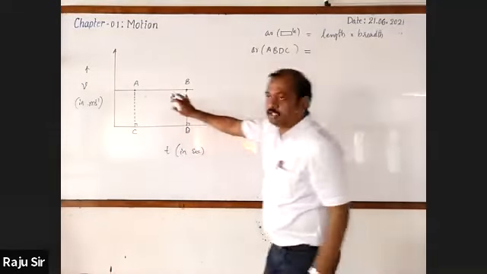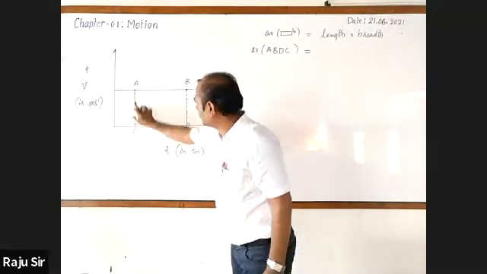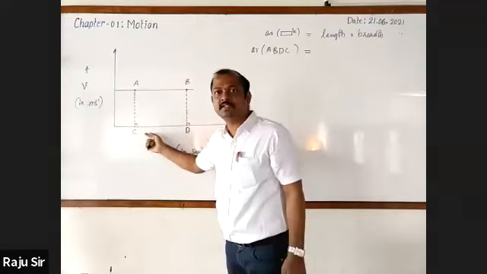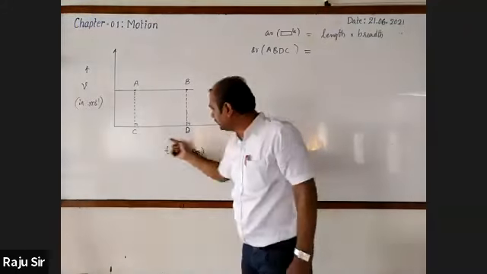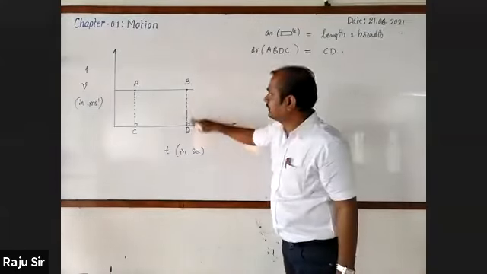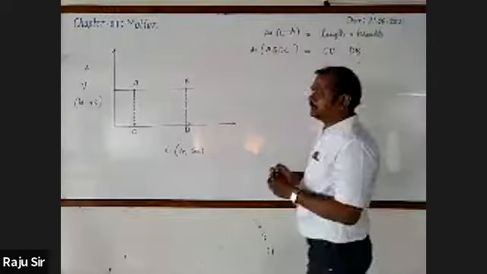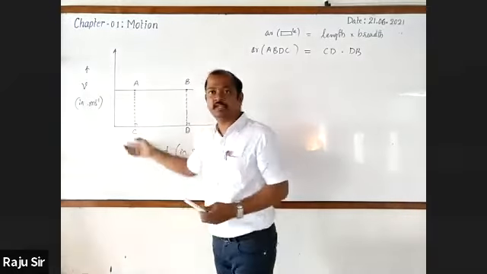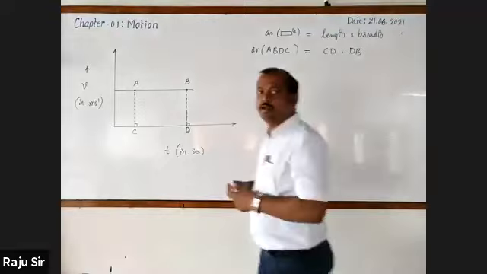With respect to the rectangle ABCD, what is the length? Length is CD, and AB. And breadth is DB. You may take even length as DB, breadth as AC. Got it?